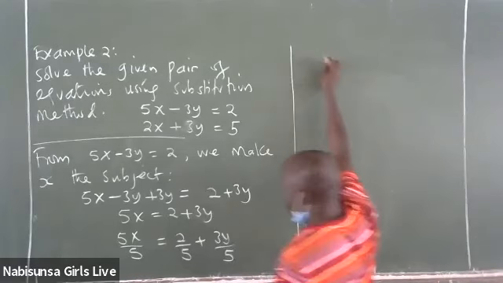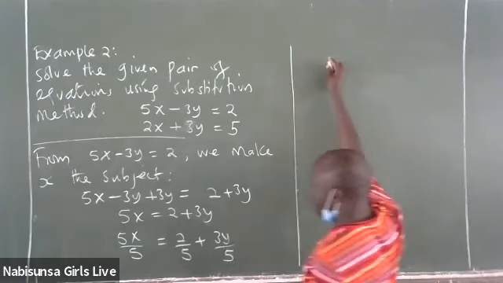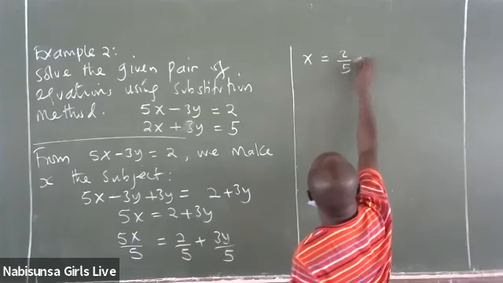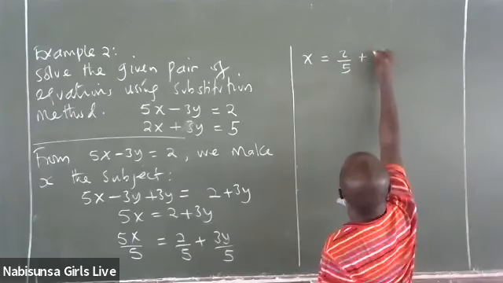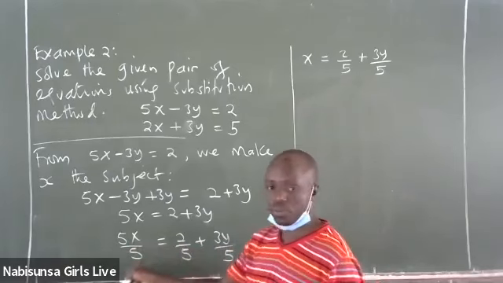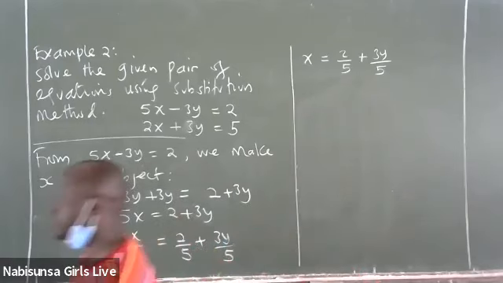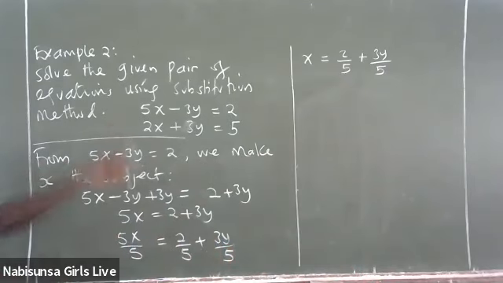That manipulation brings us to x is equal to 2 over 5 plus 3y over 5, because these ones will cancel. So at that stage, we have made x the what? The subject.